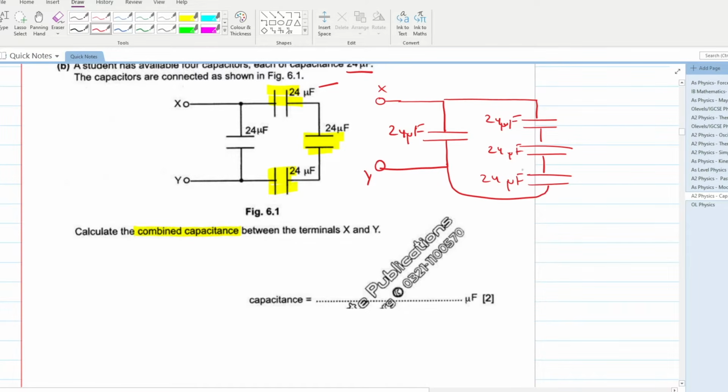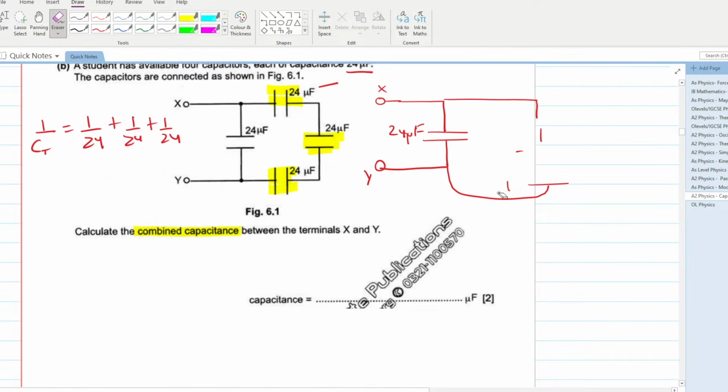So do you remember what used to happen to capacitance in series? Yes. 1 upon total capacitance is equal to 1 upon 24 plus 1 upon 24 plus 1 upon 24. So I can replace all of these three capacitances with a single capacitor. That will be what? That will be 8 microfarads का capacitor.